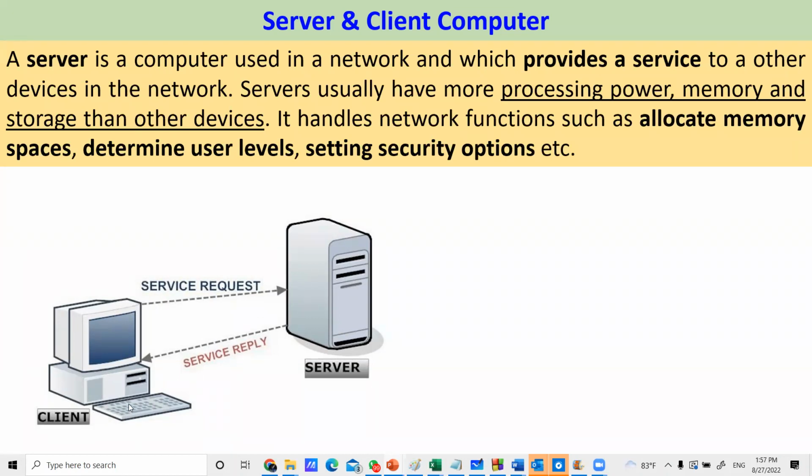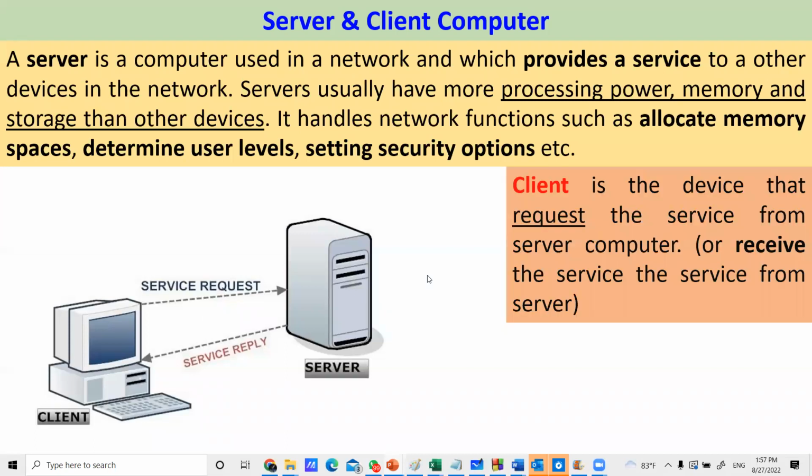Normally, client computers always request the service from the server. Here is some explanation for the client. A client is the device that requests the service from the server computer. The client's duty is always requesting the service from the server computer.